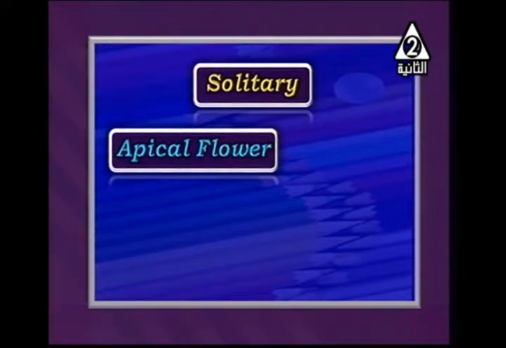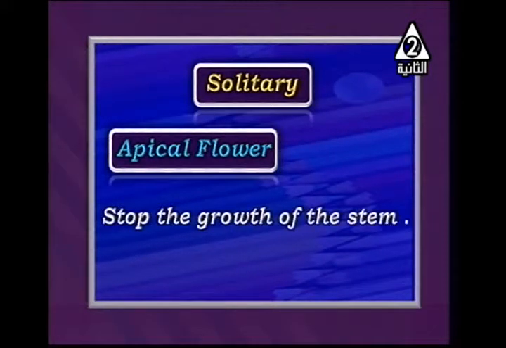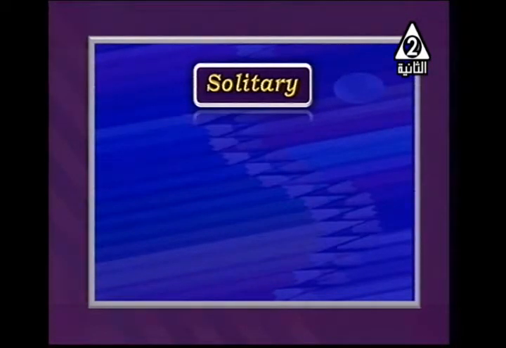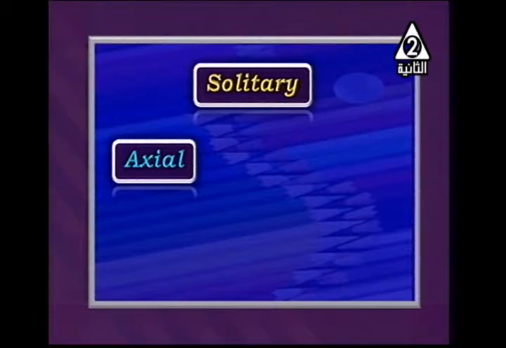Apical means at the top, at the end of the stem. It is found at the top of the stem and causes the stem to stop growing. It doesn't grow anymore. This is the apical flower, like the tulip plant. And also we have the axial flower, like the petunia plant.